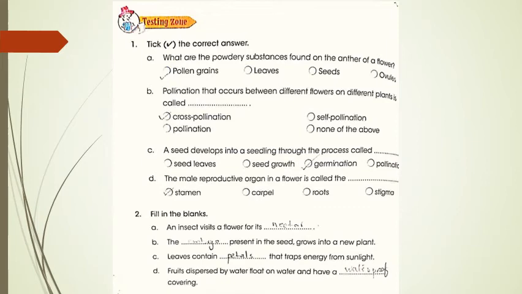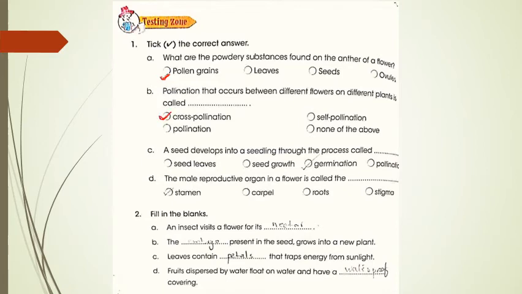Okay, dear students, what is the powdery substance found on the anther of a flower? That powdery substance is called pollen grains. Pollination that occurs between different flowers on different parts is called cross pollination because the flowers and parts are different.